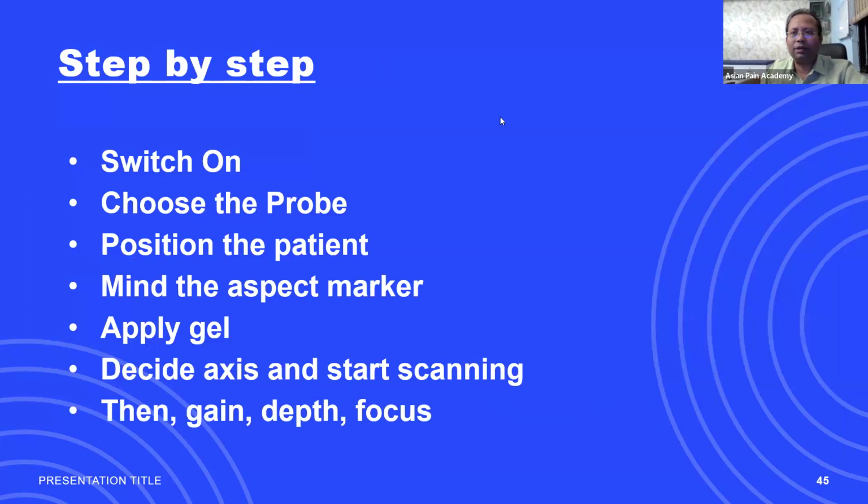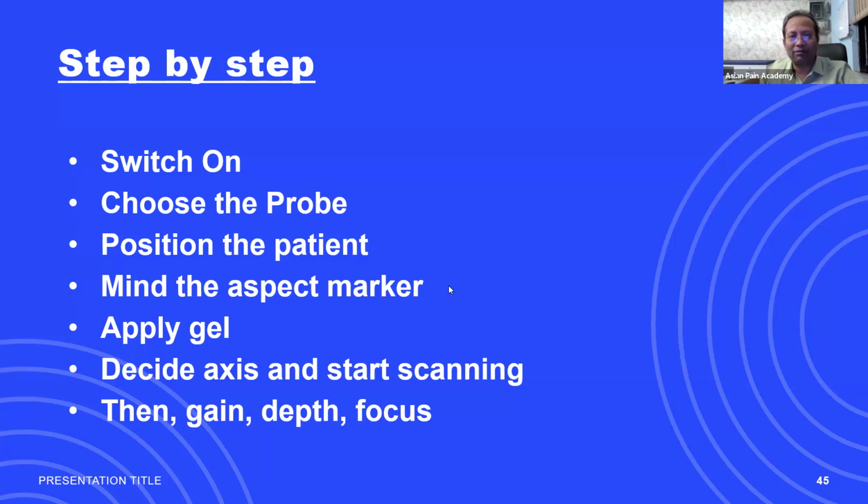Step by step, first switch on the machine, choose the probe. When you have planned a ultrasound of some structure, choose the probe, position the patient. Position means whichever position is necessary to see that area of the body.